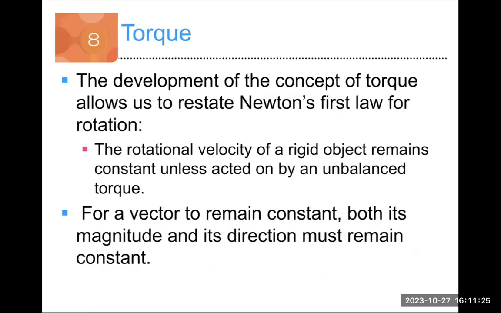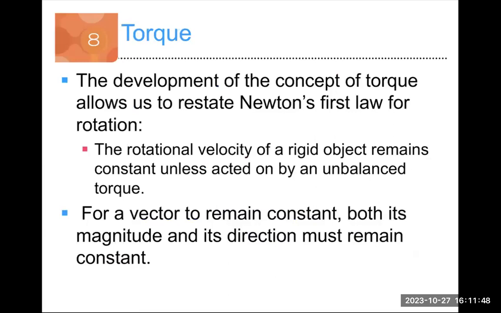So basically, when we developed this concept of torque, it let us restate Newton's first law in terms of rotation. The rotational velocity of a rigid object remains constant unless acted on by an unbalanced torque.